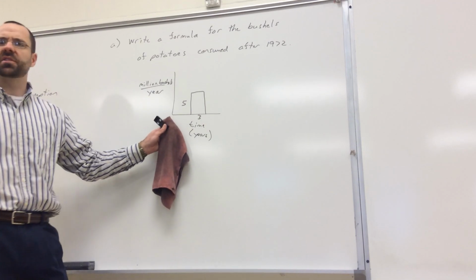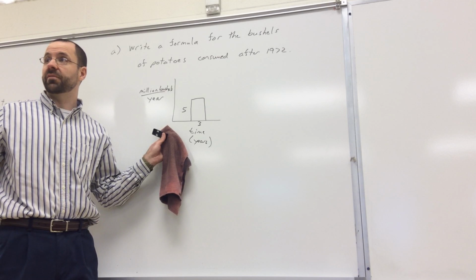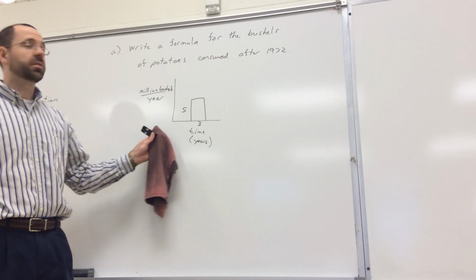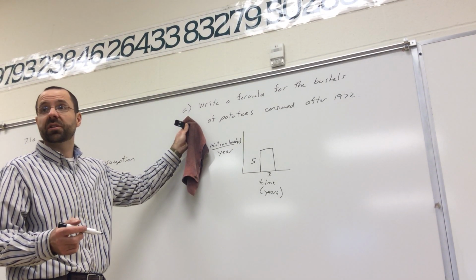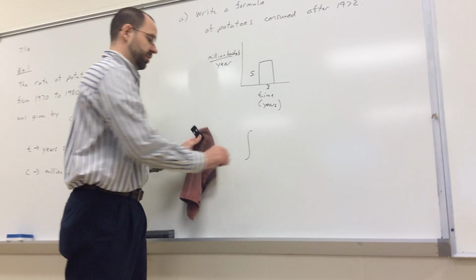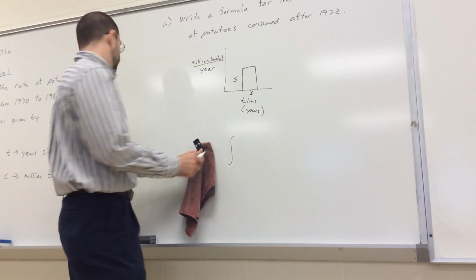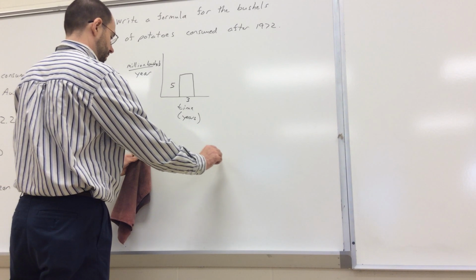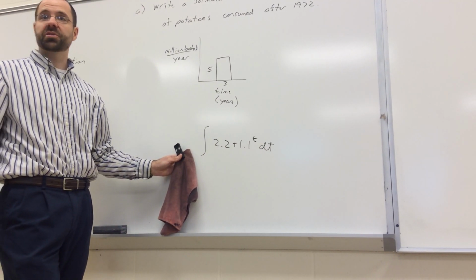So this discussion is just to show you that we want to integrate the rate function to figure out how many bushels are being consumed. So our question says write a formula for the bushels that are consumed, and that formula should be an integral. So we're going to integrate the rate in order to find out the number of bushels consumed.